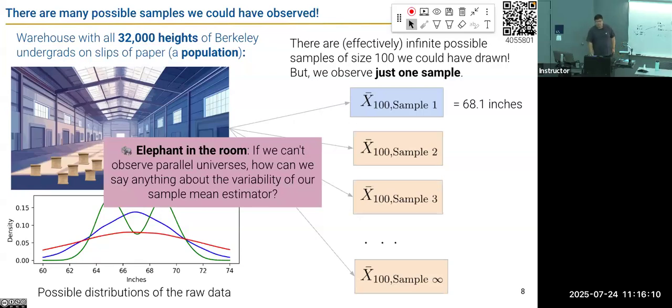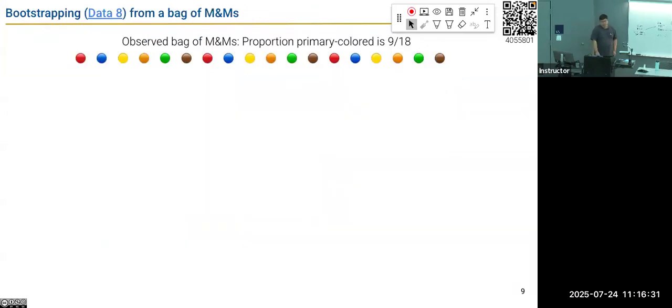But if we only get to observe one of these sample means, where does that distribution come from? There's no distribution; it's just a single number. So where does that variability come from? That's what we're going to talk about today: methods that we can use to build this distribution.